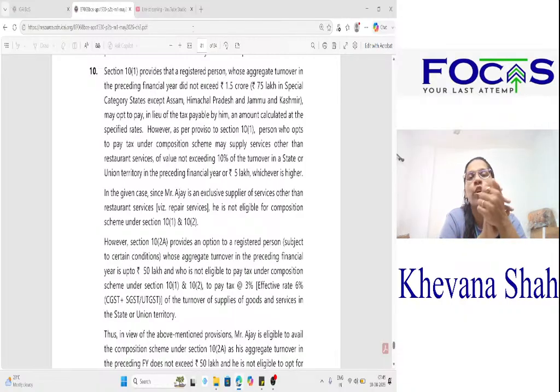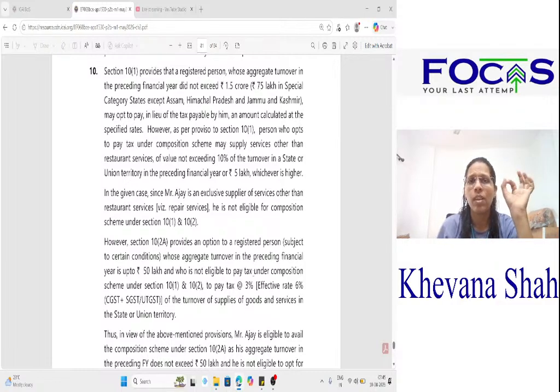So if you are not crossing this turnover limit of 1.5 crores, and 75 lakhs in case of special category states, then you are allowed to pay tax at specified rates, other than the taxes that are required to be payable by you under this composition scheme.